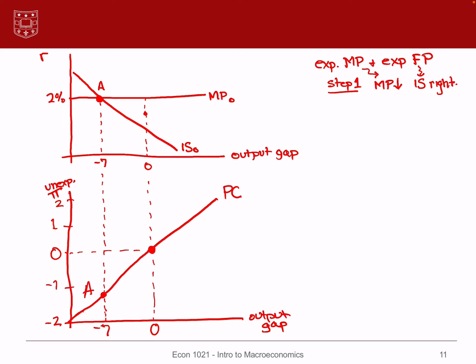So for instance, we would need less of an expansionary monetary policy and, say, less of a fiscal expansion compared to the previous example.